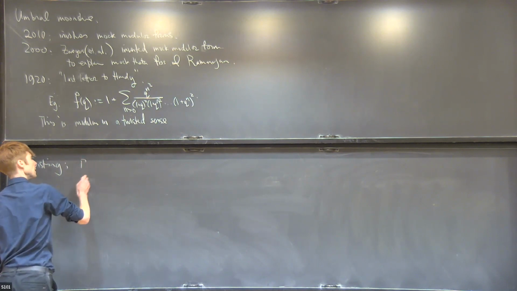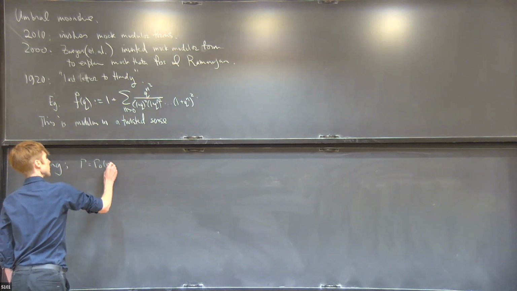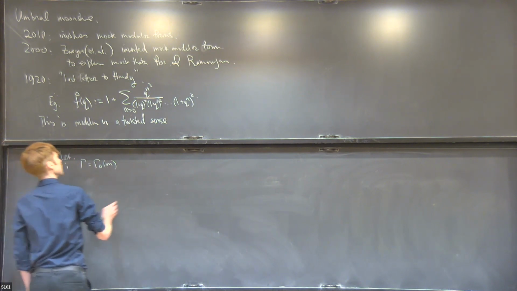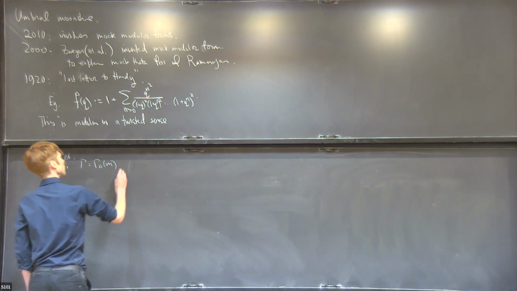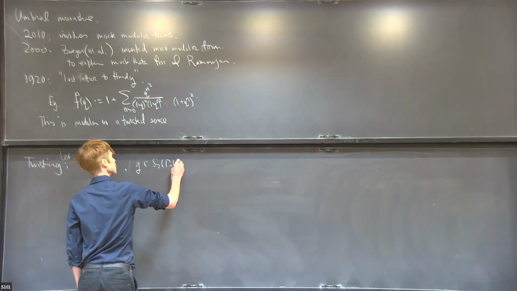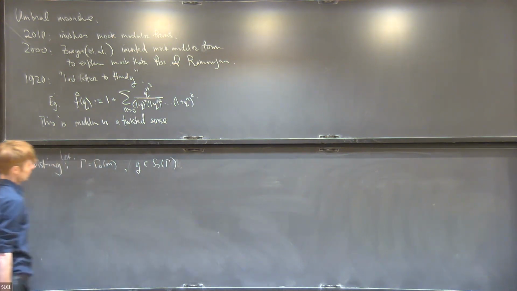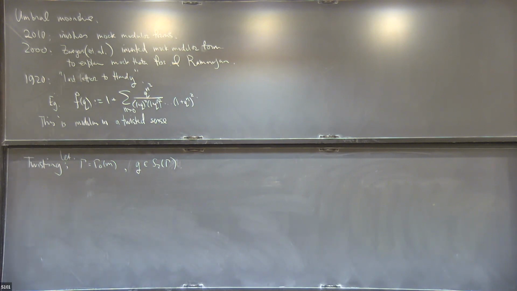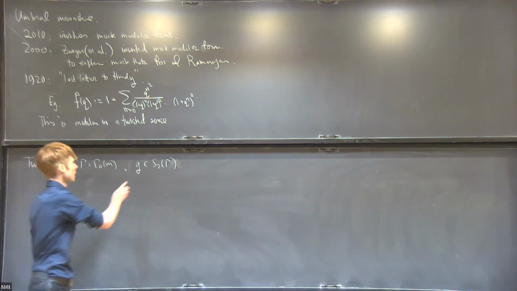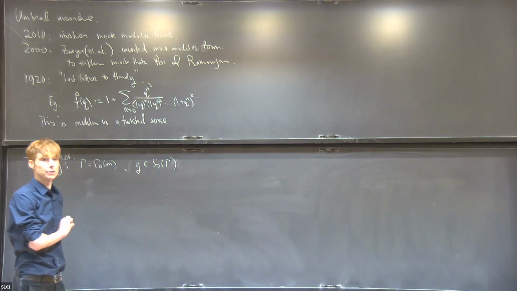So take a group like gamma naught of N or something, and let g be a cusp form of weight 2 on gamma. Then g gives us an invariant differential, a holomorphic differential on the curve X gamma.